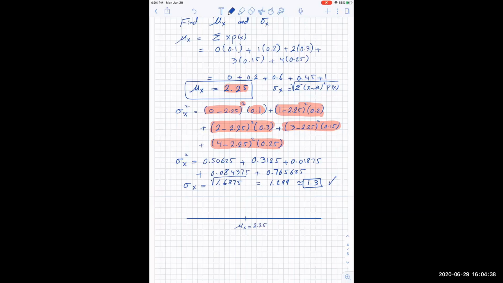Now, add 2 standard deviations to the mean. Mean plus 2 sigma. We get 2.25 plus 2 times 1.3 equals, so the mean 2.25 plus 2.6, 4.85.